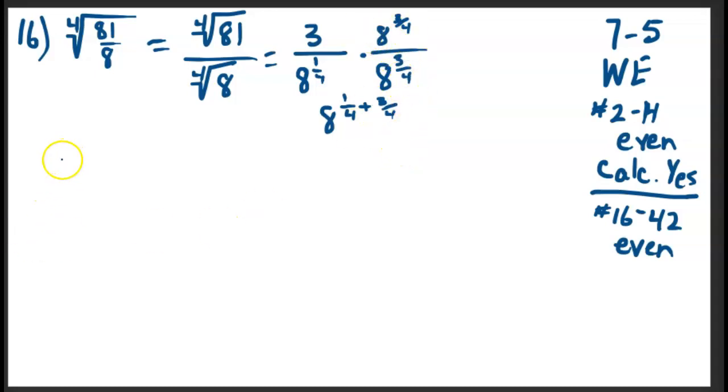So now what I have is on top 3 times 8 to the 3/4 over 8, because 8 to the 1/4 times 8 to the 3/4 is just 8.